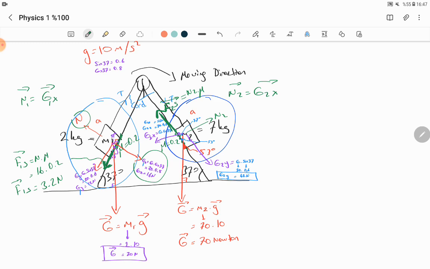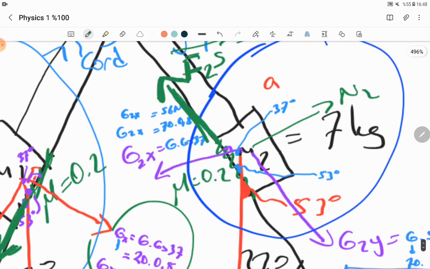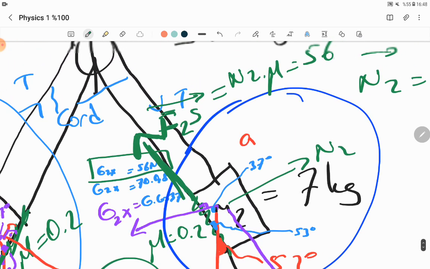Mu is the frictional coefficient value, and the frictional coefficient has no units, and the value is 56, multiplied by 0.2. And what is the value of this one?